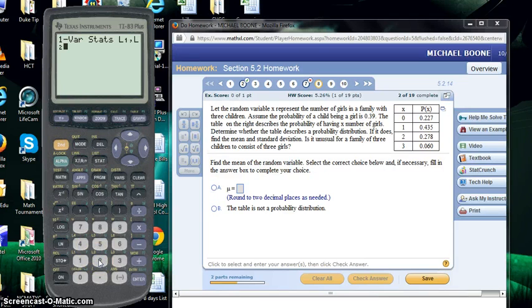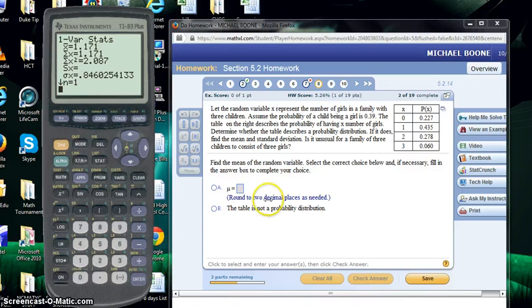If you are doing it with a newer version of this calculator, some of the 84s have this, you'll still hit 1 var stats. In your list it'll say L1, and then in your second row it says frequency, and that's when you'll put L2. Again, to get L1 and L2 you hit second and either the number 1 or 2, and that'll bring up L2 or L1.